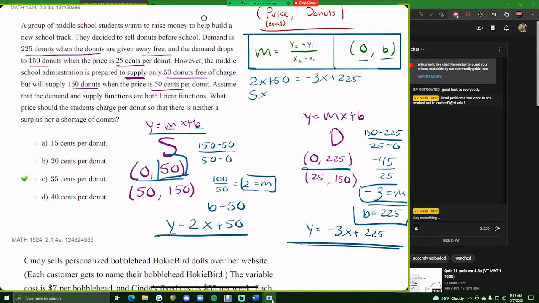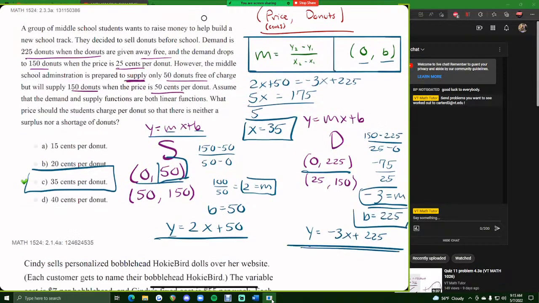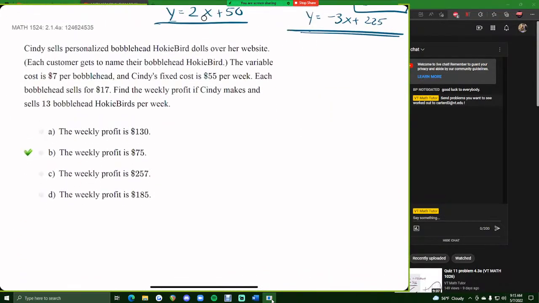So we add 3x to get 5x, subtract 50 to get 175. We divide by 5, and we find that x equals 35. Because we didn't use decimals, we know that 35 means 35 cents per donut. All right, little scrambled and jumbled in here. I don't know why I put these so close together, but I hope that makes sense.